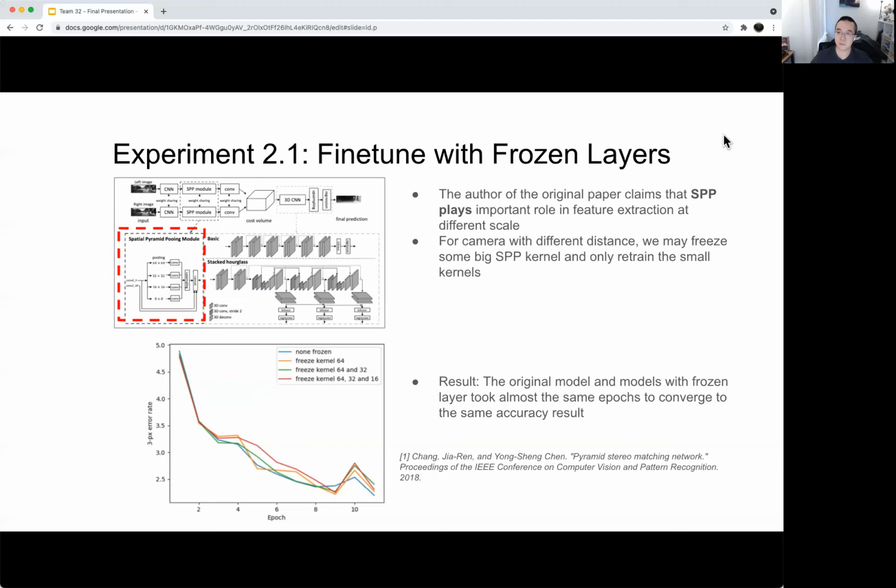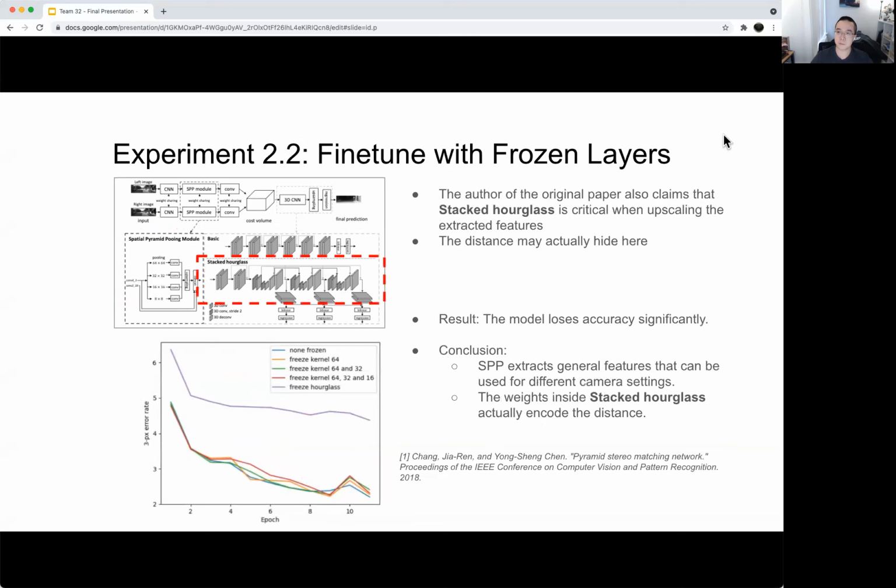The results shows that the original model and the models with frozen layers took almost the same epochs to converge, and the same accuracy results. Next slide, please. And next, we focused on the stack hourglass module, since the author claims it is critical when upscaling the extracted features.